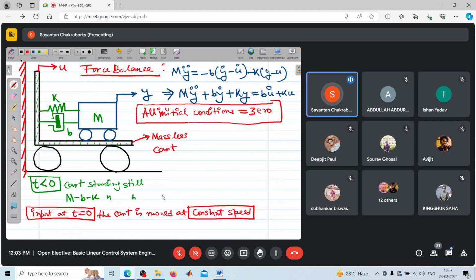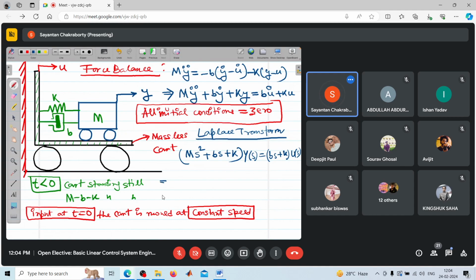Then, with that assumption, if we take the Laplace transform of this equation and rearrange, what you can get is (m s square plus b s plus k) Y(s) is equal to (b s plus k) U(s).